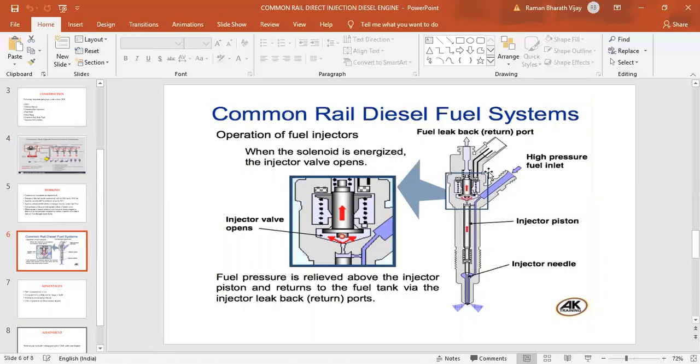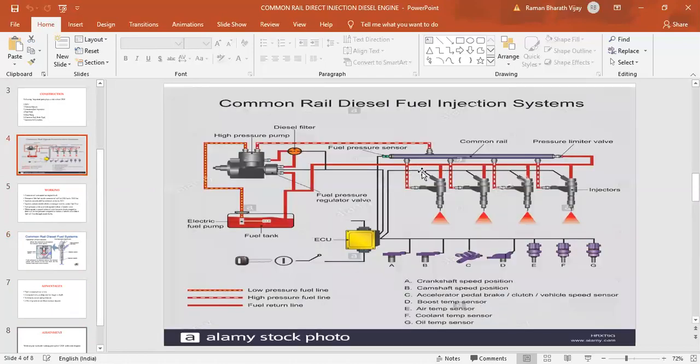So first I will explain the parts of the injector. Firstly, you can see here there is an opening, here there is an opening, here there is an opening. So you can see here the high pressure fuel is entering.